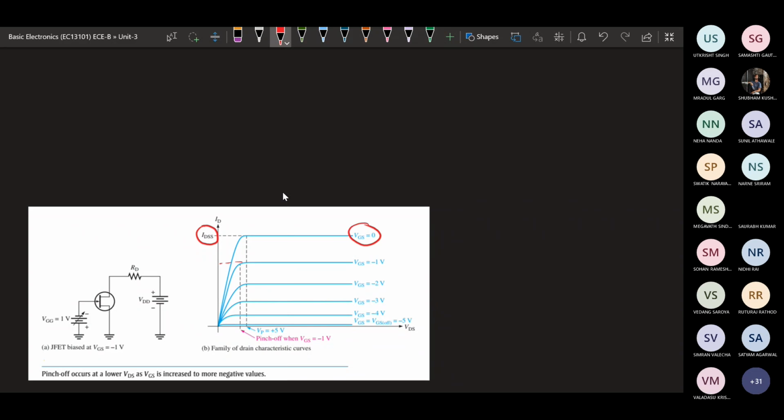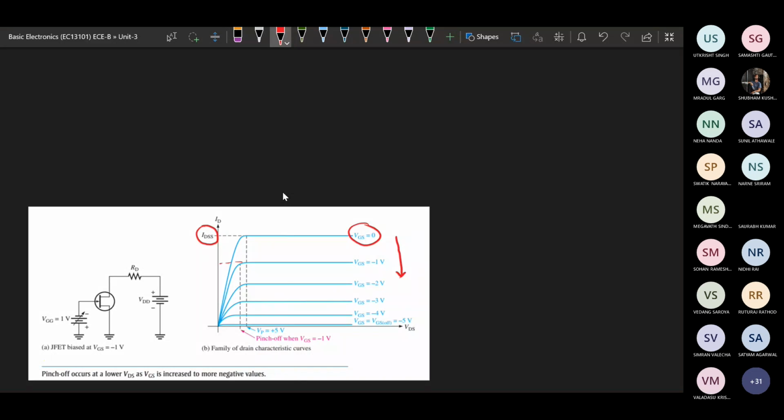As we increase VGS in the negative direction, like -1, -2, -3, -4 and so on, we get a reduction in the drain current. This reduction is because of the reduction in channel width.